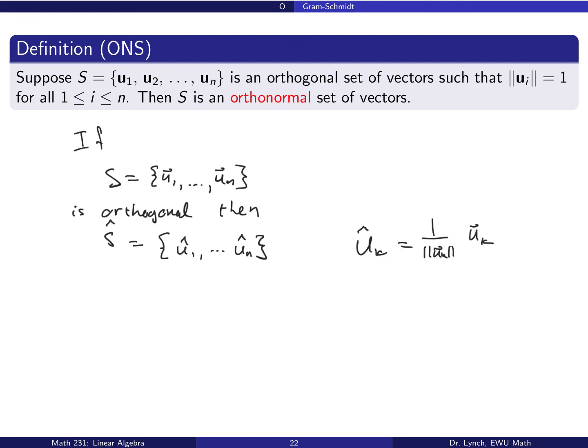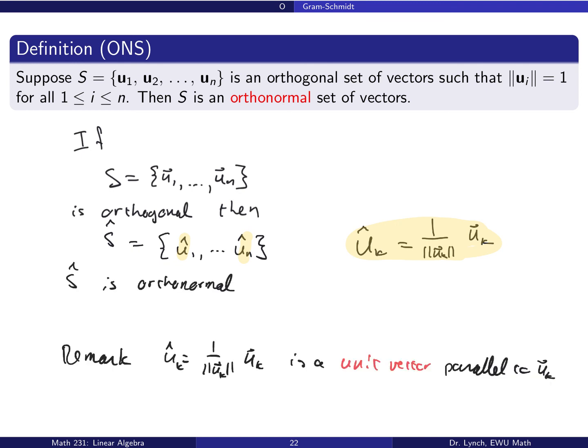If our set S here is an orthogonal set, and we define a new set called S hat as the set of vectors U1 hat out to UN hat, and each hat vector is defined to be the vector from the set divided by its norm, then it turns out that S hat is orthonormal.